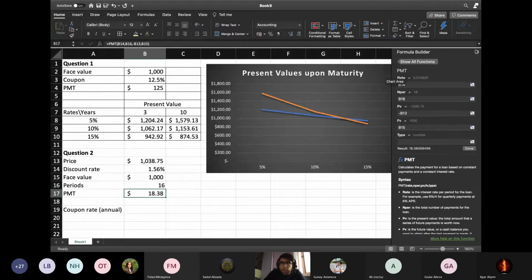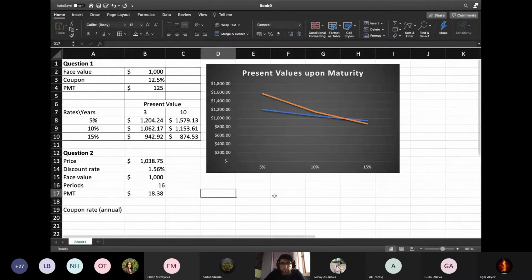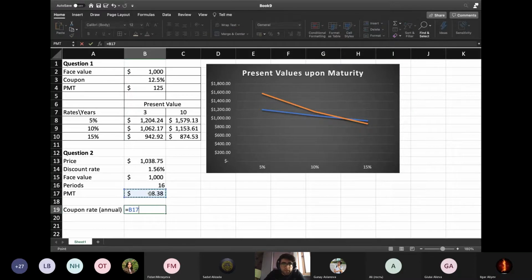In order to find coupon rate, you know you multiply coupon rate by face value and you find coupon payments. So we are doing vice versa in this case. Divide PMT by face value and multiply by 4.